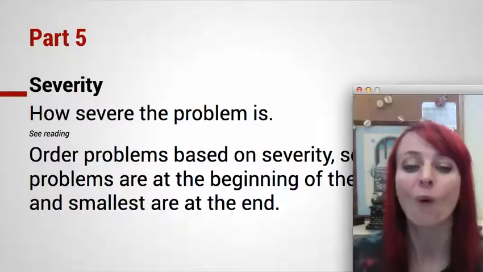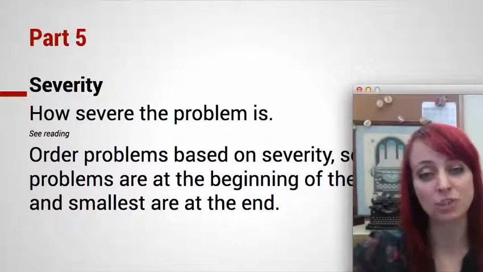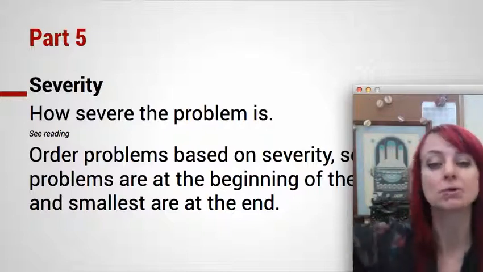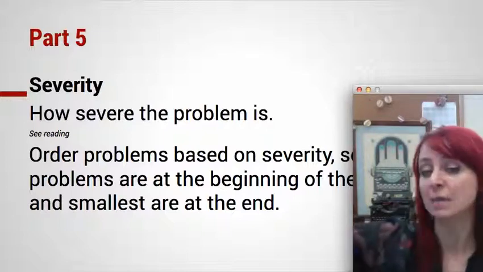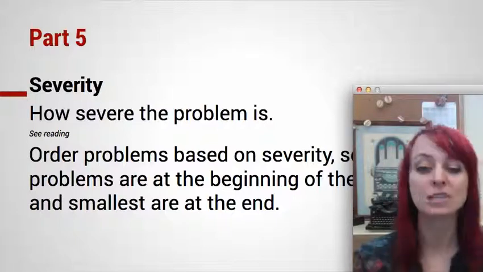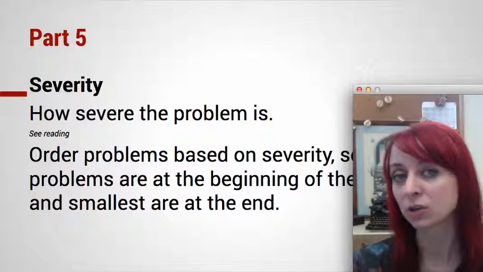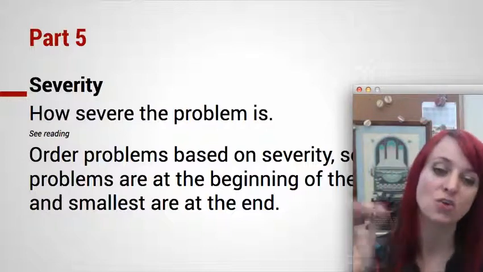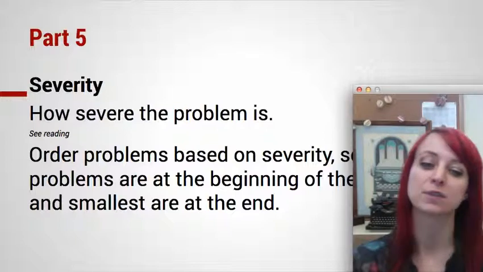After that, order the problems based on severity. So once you write up all the problems, go through and see the severity and order them that way. Put the most important critical problems at the top of your document and the least important problems at the bottom. The reason you want to do this is because in the professional world, not all the problems get solved. Sometimes when designing, you have to figure out, okay, I only have so much time.